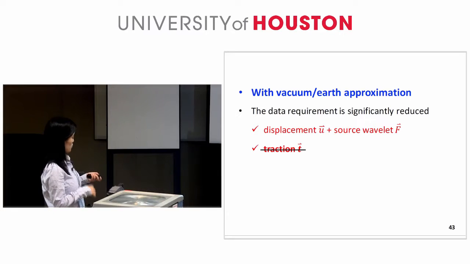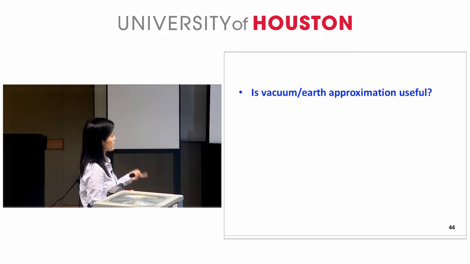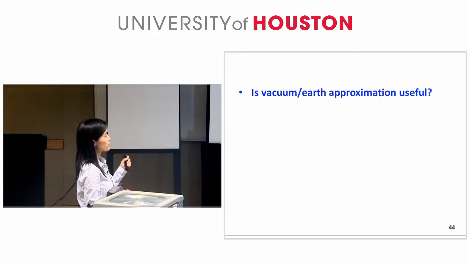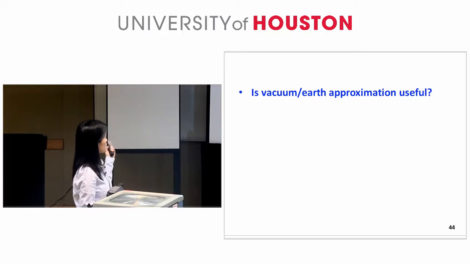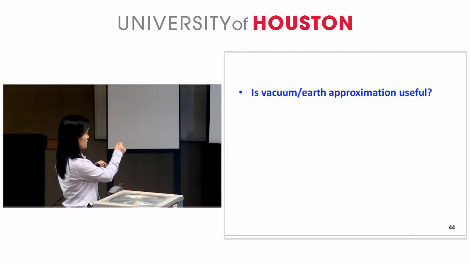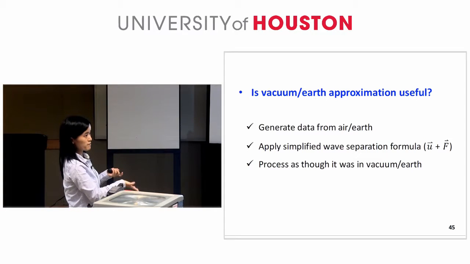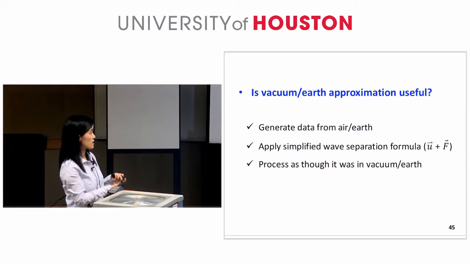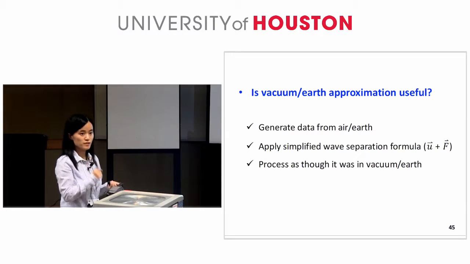And the next question is, can this assumption make some useful result? What does it mean? It means that if you generate data from the actual air over Earth and substitute the data into that simplified algorithm with the displacement U and the source wavelet, and process the data as though it was in a vacuum Earth world, can this produce some useful result?